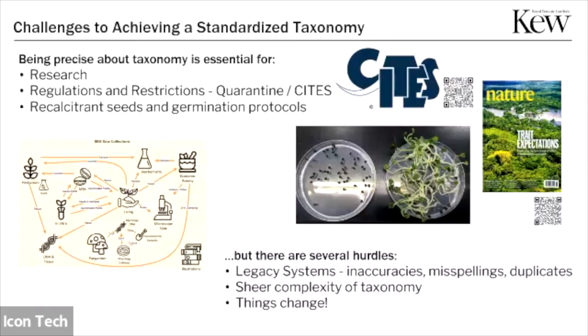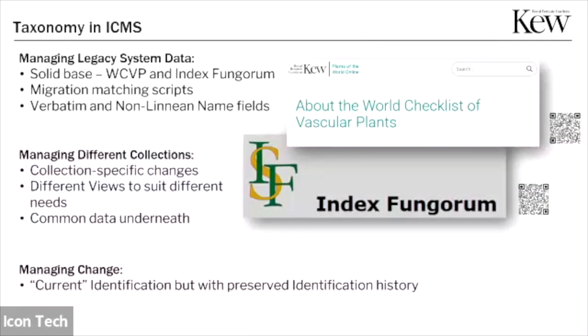Taxonomy is not easy, and then we've brought the living collection in, which has added to that burden for us. So we'll talk a little bit about that. And then when you think you've got things in place, things change. Re-identifications happen either on the individual specimen level or on gross mass recreations.